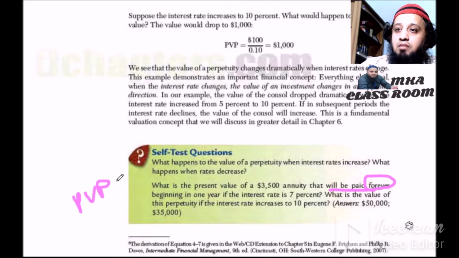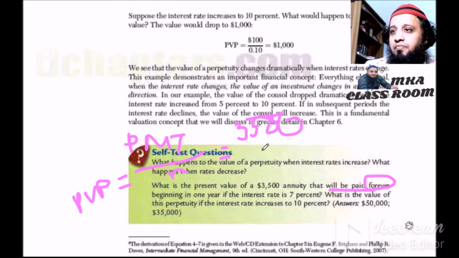So PVP, present value of perpetuity, equals PMT divided by R. So here our 3,500 divided by 7%, 0.07.